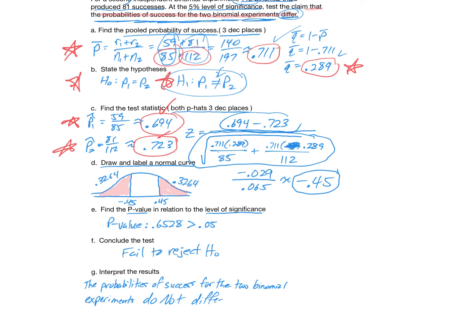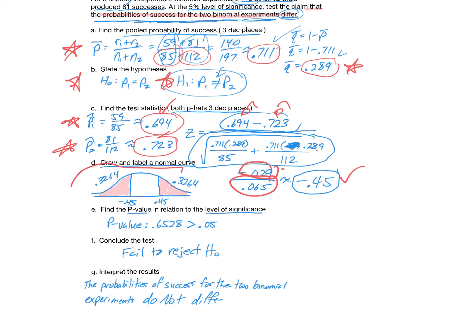Your Z, we wrote the formula down: P1 hat minus P2 hat, over the square root of P bar Q bar over N1 plus P bar Q bar over N2. Please do this separately. Do the numerator and denominator separately into 3 decimal numbers, and then divide. You should know that the Z is 2 decimal places because it's a Z-score.